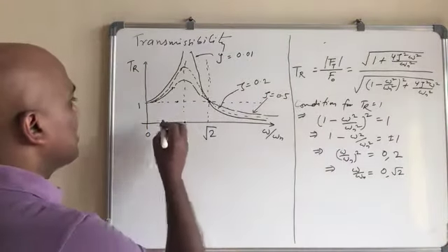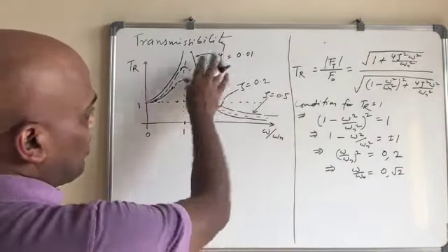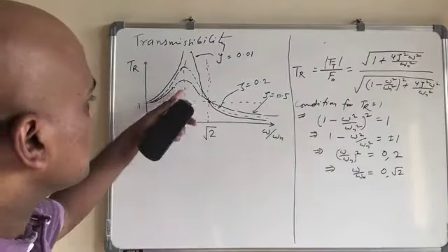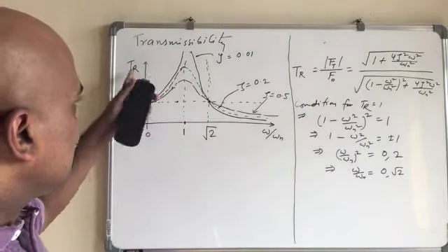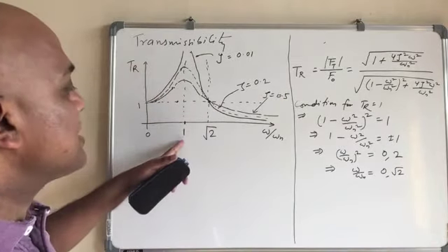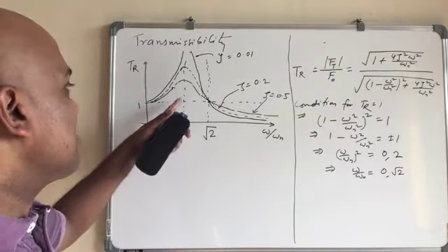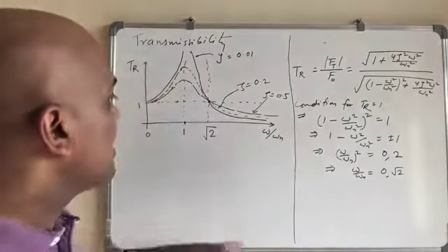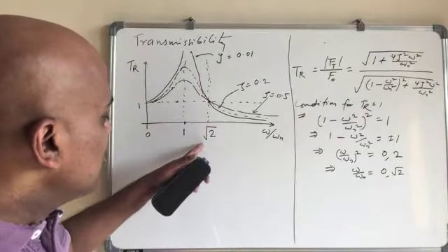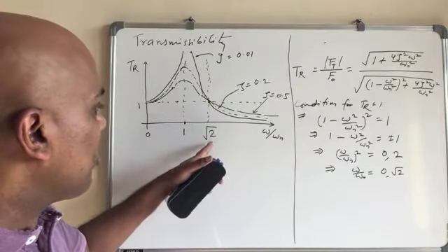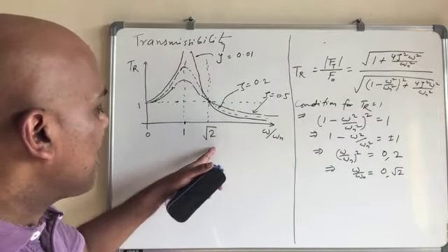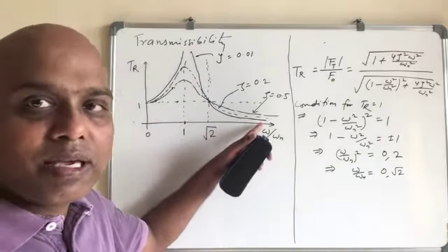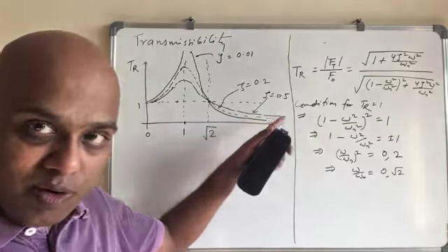Okay. What you see here is, as you increase zeta, the transmissibility at omega equal to omega n becomes smaller and smaller. However, when you go beyond this ratio of omega over omega n equal to root 2, you get less advantage when you have more zeta, basically.